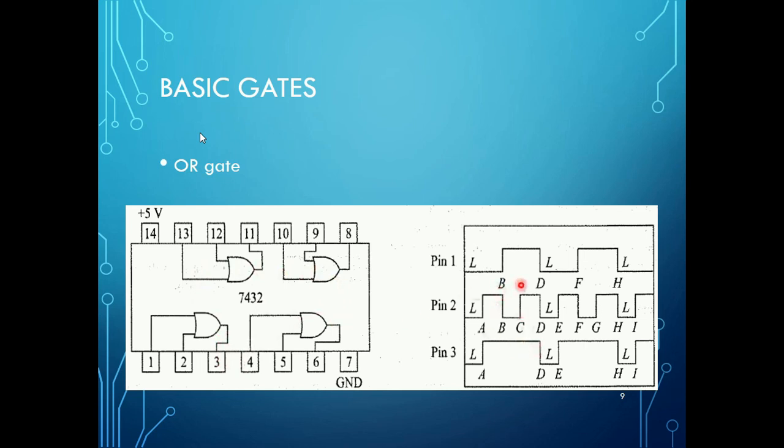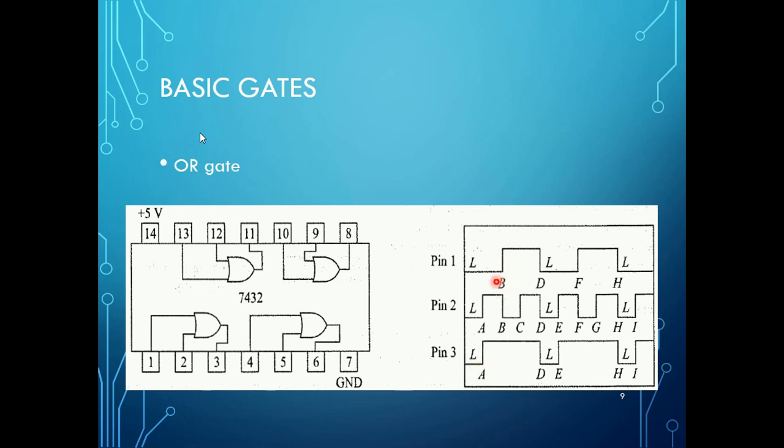Next you have a timing diagram. Again, as I said for the previous AND gate, similar type of diagram, but you have to remember the OR gate table. Here again, 1 and 2 pin are the input pins. Third pin is the output pin. So low input, you get low output.